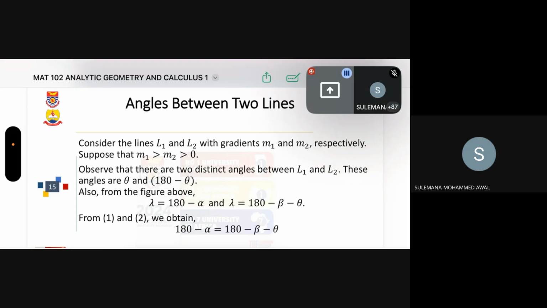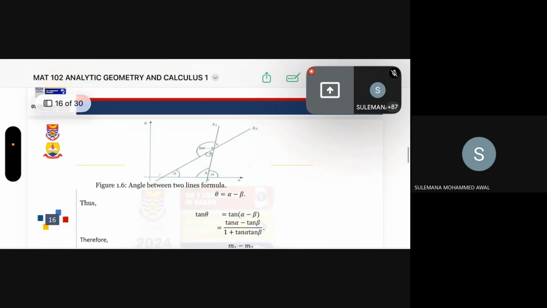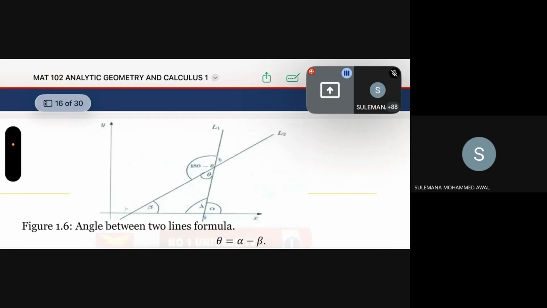Then observe that you can sketch the line. So you have the two gradients. We are told that the gradient of L1 is greater than the gradient of L2. This means that climbing the first one will be more difficult than climbing the second one.